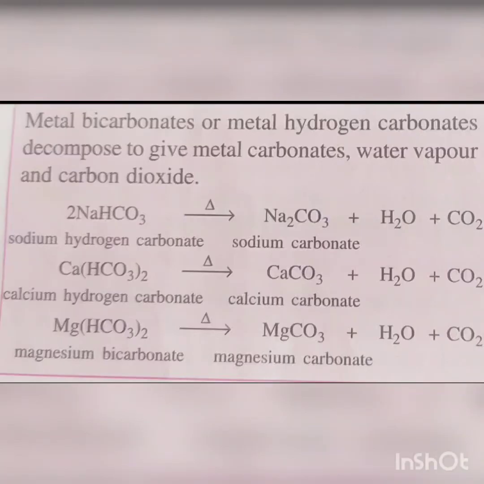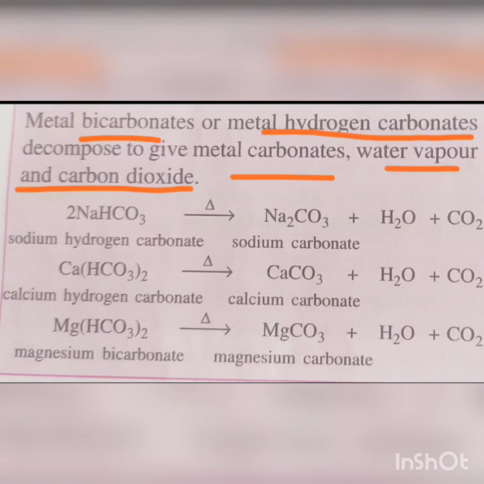The metal bicarbonates or metal hydrogen carbonates, that is metals with the HCO3 group, decompose to give metal carbonates, water vapor and carbon dioxide. Here the sodium bicarbonate also decomposes, as it was not decomposing in the case of carbonates and hydroxides, but the bicarbonate of sodium also decomposes.